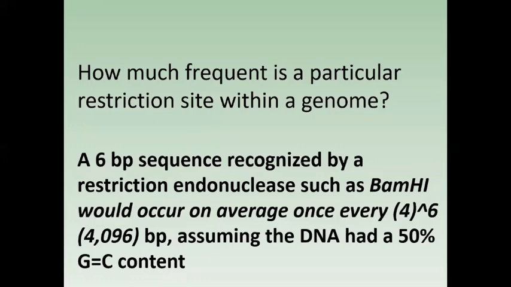As we all know, there are basically 4 nucleotides in our DNA: adenine, thymine, guanine and cytosine. So according to that, the restriction site of BamHI on average will be found once in every 4 to the power 6, that is 4096 bp of the sequence.